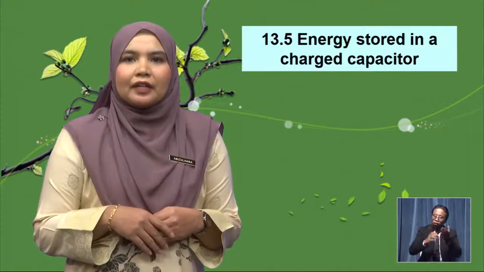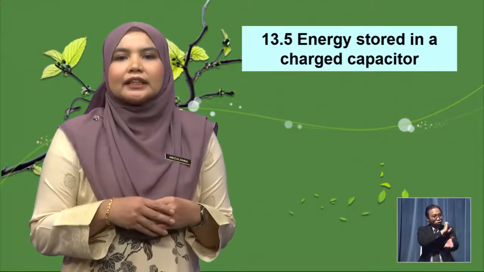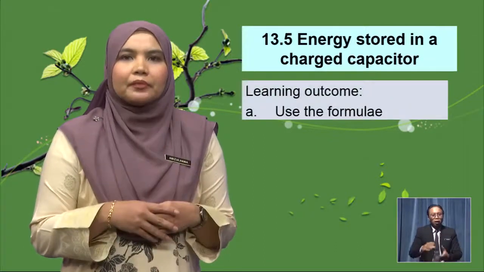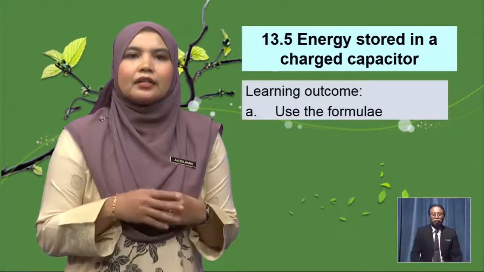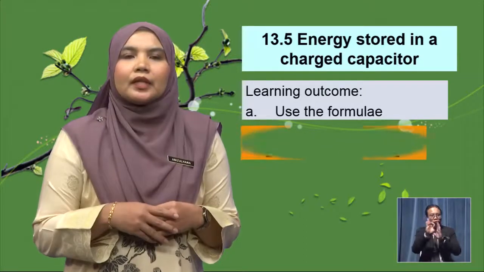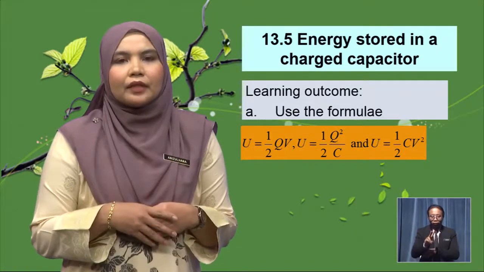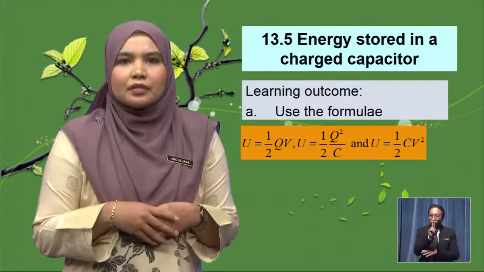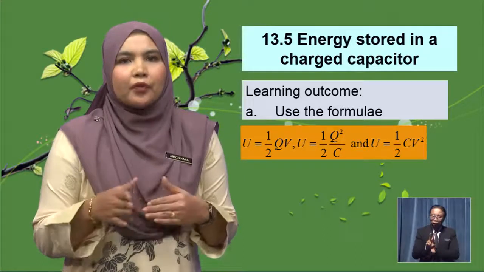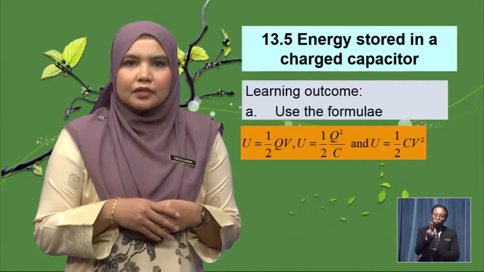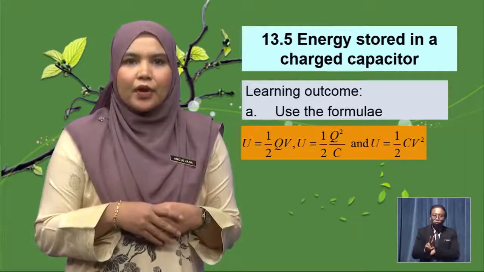Now, we will go to section 13.5, energy stored in a charged capacitor. Our learning outcome is A: use the formula U equals half QV, U equals half Q squared over C, and U equals half CV squared.